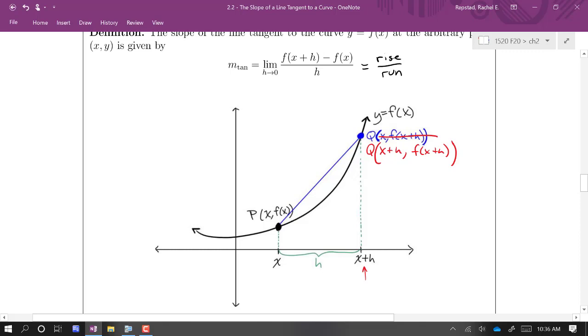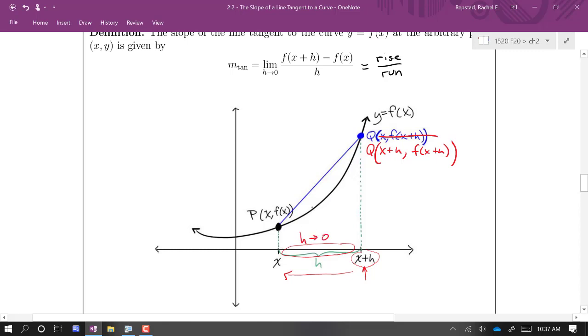And if I want the tangent slope, if I want to slide Q closer and closer to P, then what I'm actually doing is sliding this point x plus h closer and closer to x, so that this distance h is approaching 0.